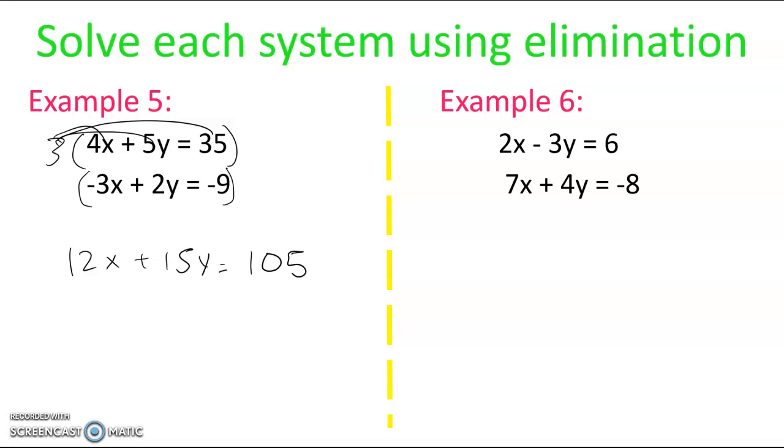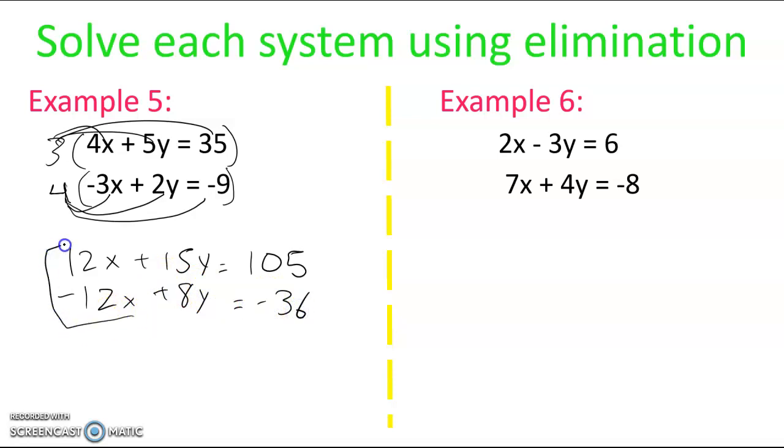But I see that if I multiply this bottom equation by a 4, I can distribute this 4 out to get a negative 12x plus 8y is equal to a negative 36. And then look at there, my x's now simplify out if I add the equations together.